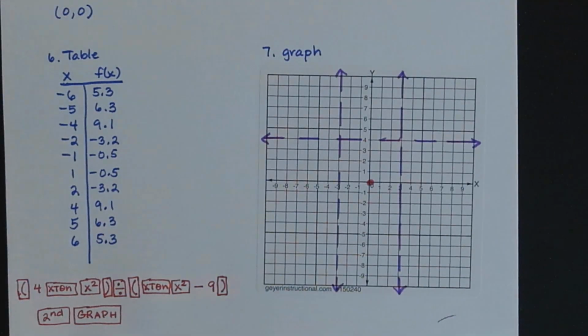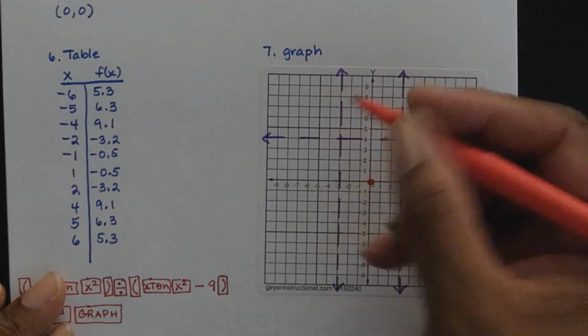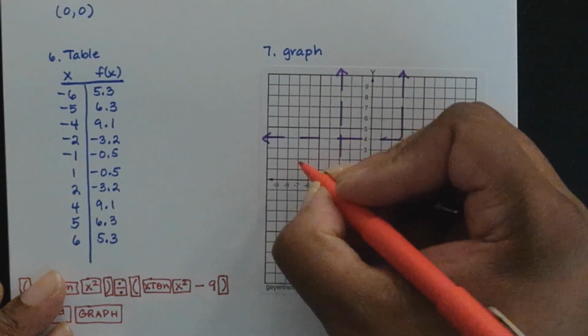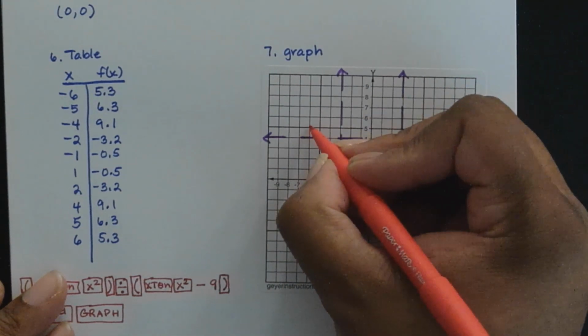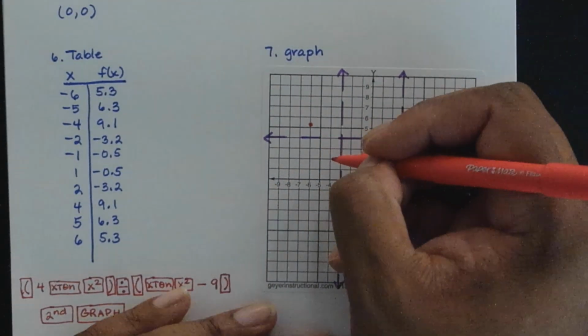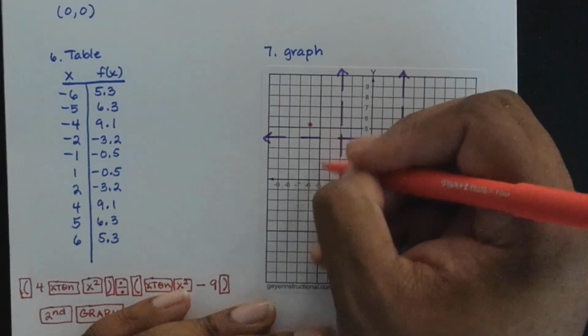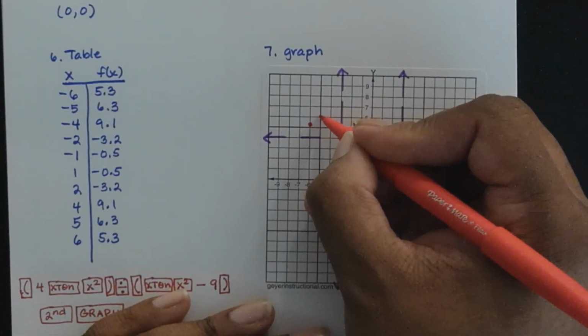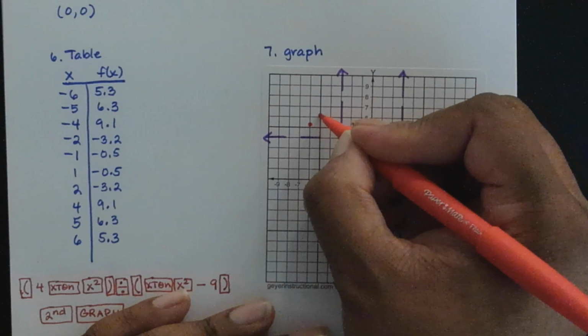Okay, so now these are the points I'm going to use to graph this rational function. So for negative 6 and 5.3, we'll go to the left 6 and up 5 and about 1/3 of the way, which would be about right here. And then negative 5 and 6.3, this would be about right here.